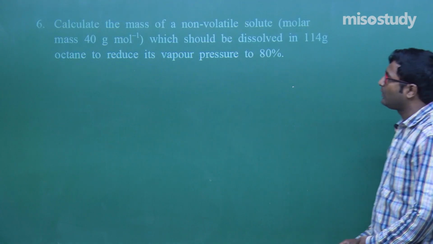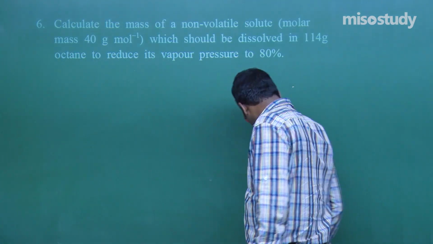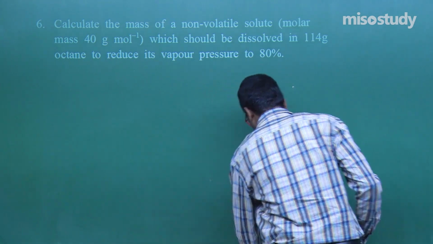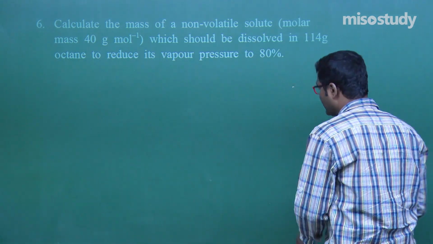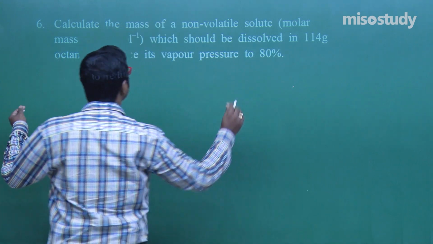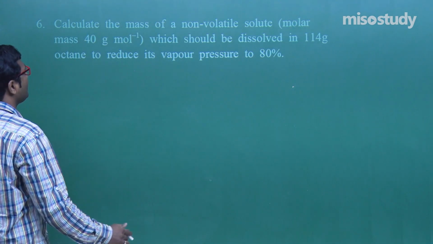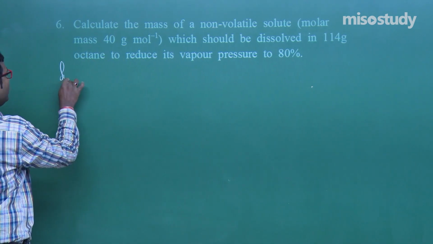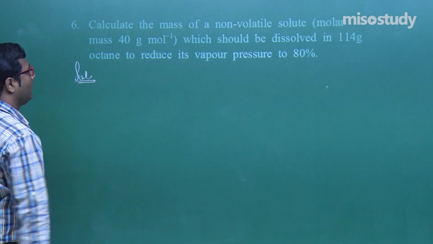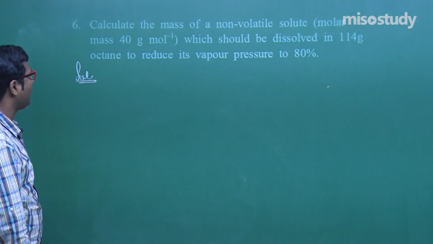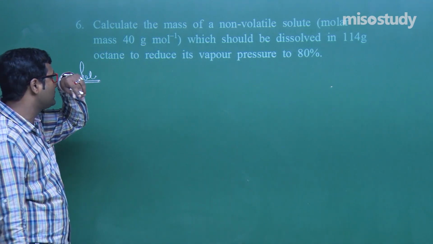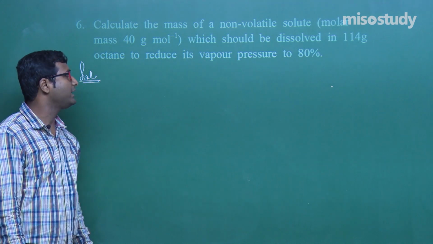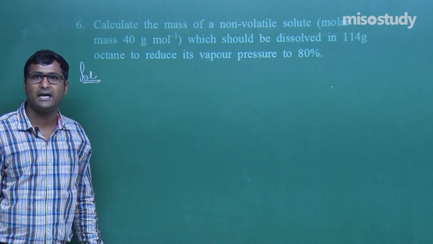Now, what is the next question? Read the question carefully, what is given here. The question is: calculate the mass of the non-volatile solute. Molar mass 40 gram per mole, which should be dissolved in 114 gram octane to reduce its vapor pressure by 80%.